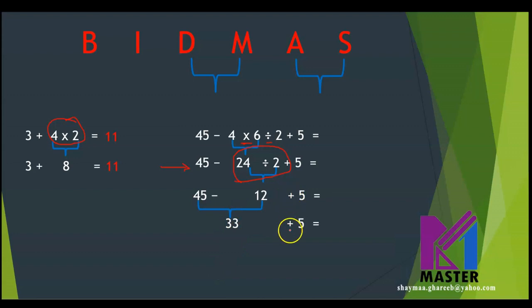Okay, then I will add the 5. So I solve each operation in its position. I keep it in the sentence. Now, the last step, 33 plus 5 equals 39. Is this clear?